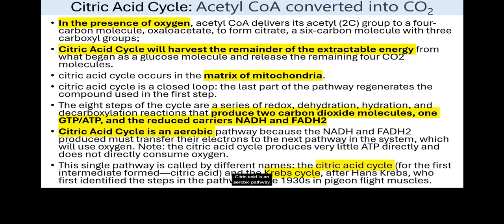Citric acid cycle is an aerobic pathway, and the citric acid cycle has an alternative name, Krebs cycle, after the scientist, his last name Krebs, who first identified and discovered these steps.